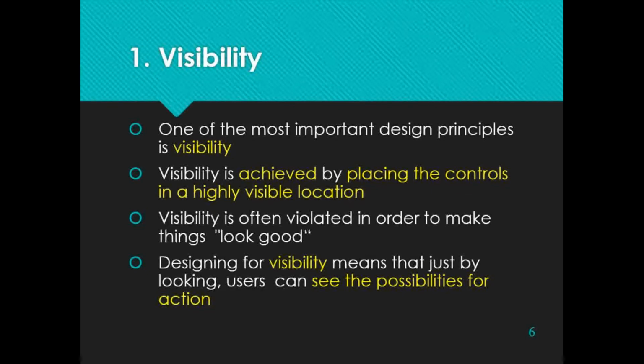Visibility is achieved by placing the control in a highly visible location, and it is often violated in order to make things look good. Designing for visibility means that just by looking, the user can see the possibility for an action to use the thing the way it is intended to be used.